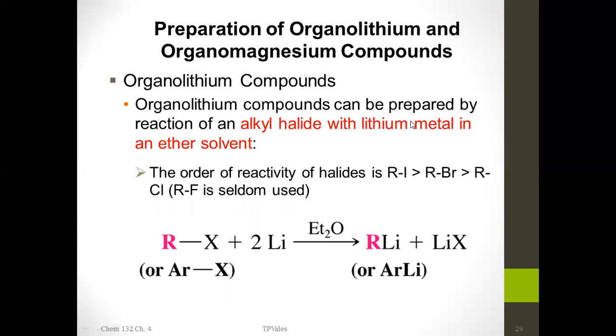In the organolithium compounds, you can prepare them with an alkyl halide in the presence of lithium metal in an ether solvent. So again, when we are dealing with organometallic compounds, we have a metal and an organic compound, pure metal, not an ion, elemental metal, lithium with zero formal charge.